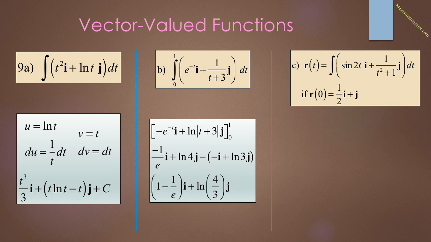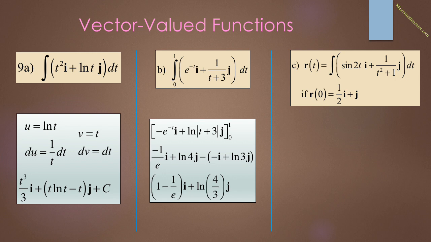In b, we are asked the integral from 0 to 1 of e to the negative t i plus 1 over (t plus 3) j dt. Integrating each piece, we get negative e to the negative t i plus the natural log of the absolute value of t plus 3 j evaluated from 0 to 1. So plugging in the 1, we get negative 1 over e i plus the natural log of 4 j.